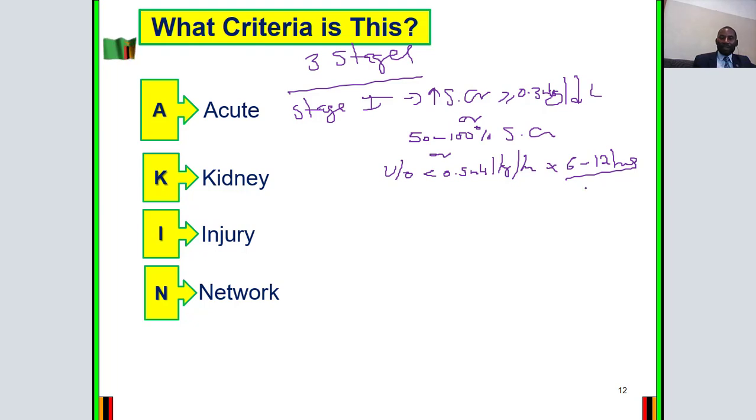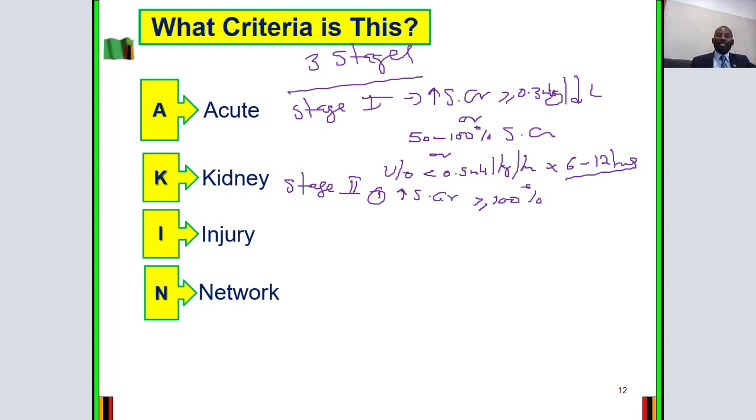Okay. Then stage 2. Stage 2, there's increased serum creatinine that is equal or more than 100%.